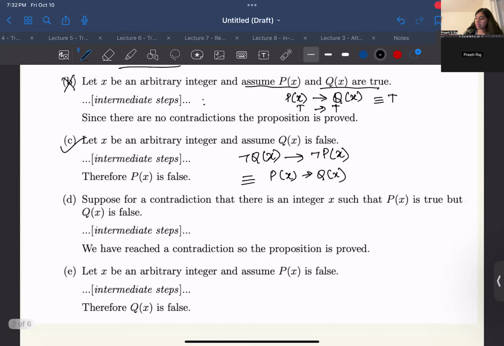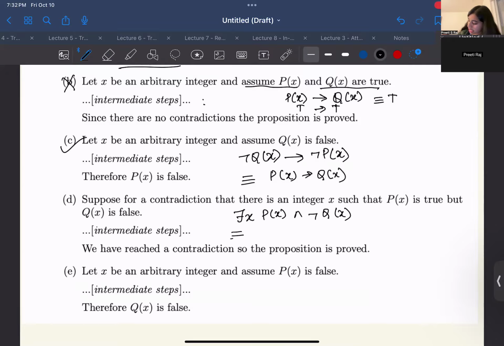Okay, so then we have: suppose for contradiction that there is an integer x such that p of x is true but q of x is false. And then you conclude by saying that you've reached a contradiction, so that proposition is true. So what they've done is they say assume there exists x, p of x, and not q of x.